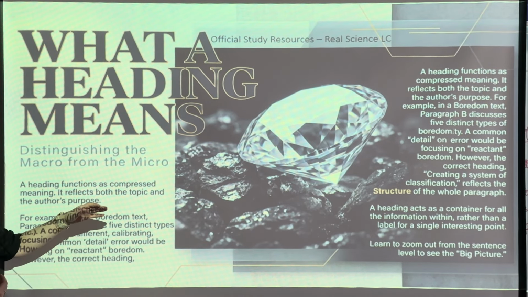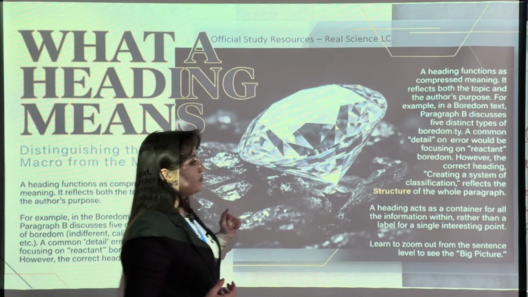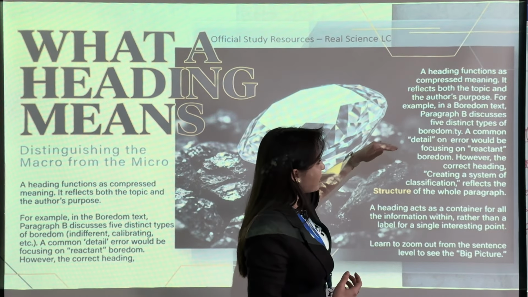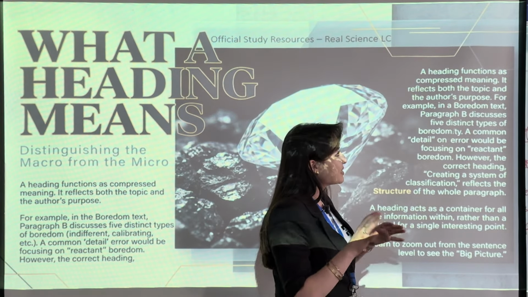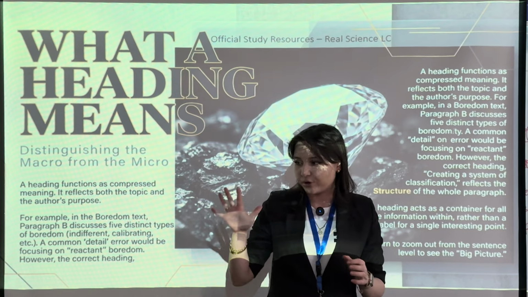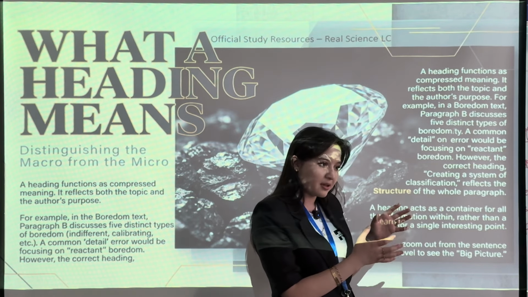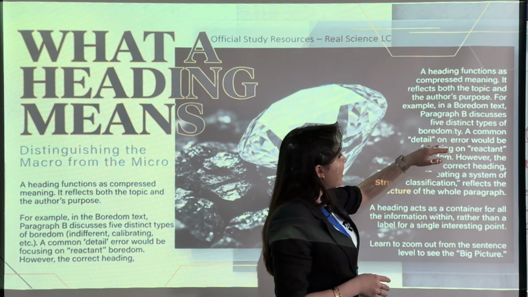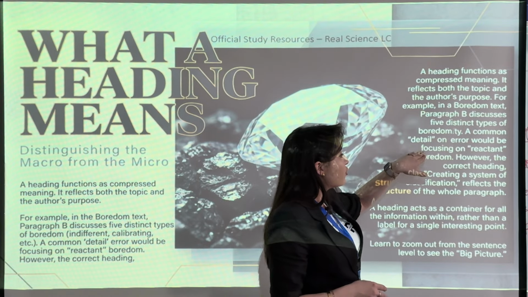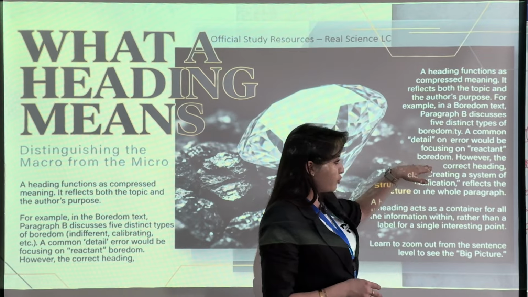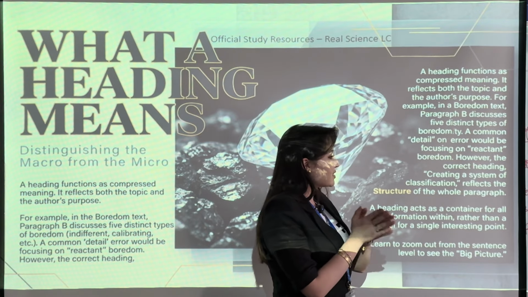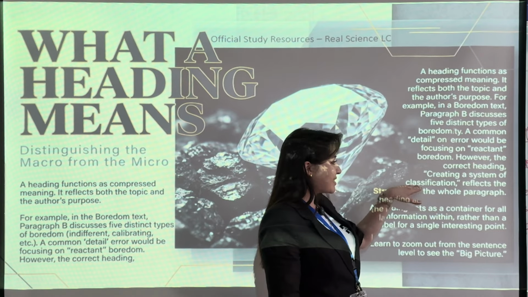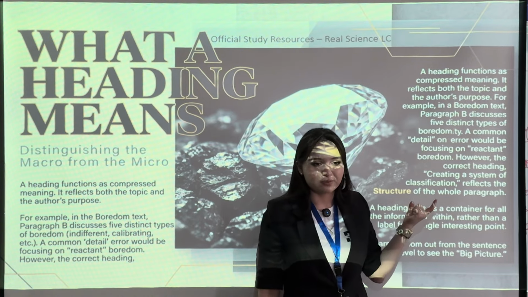For example, in the boredom text, paragraph B, for example, discusses 5 distinct types of boredom. Imagine there is a text that describes 5 distinct types of boredom, and the common error would be focusing on one type, for example reactant boredom. However, the correct heading is going to be creating a system of classification. What does classification mean?